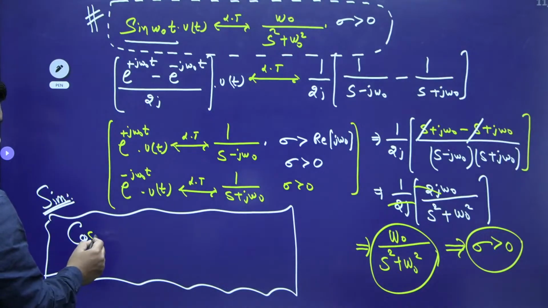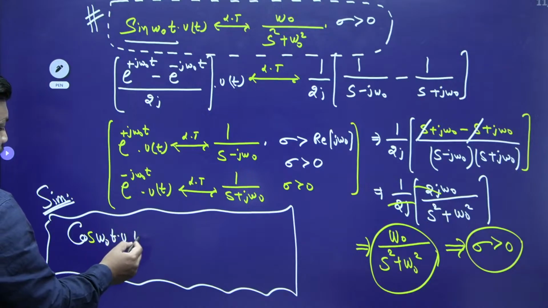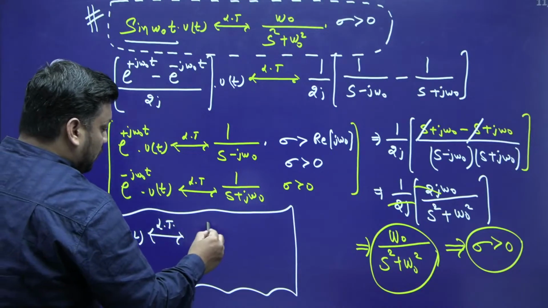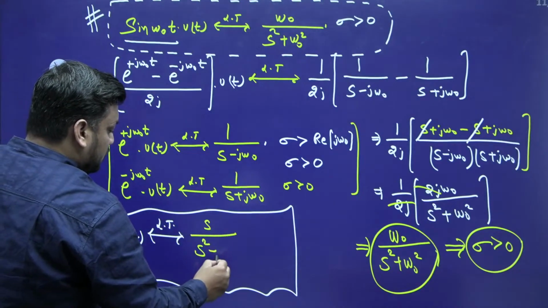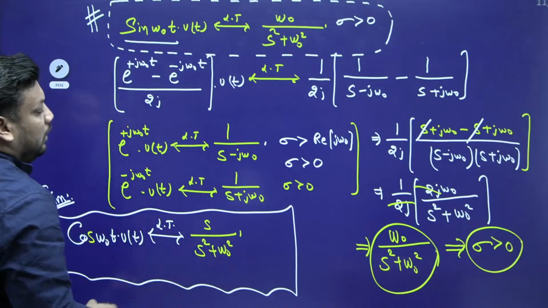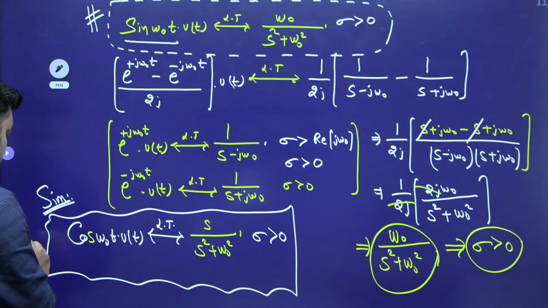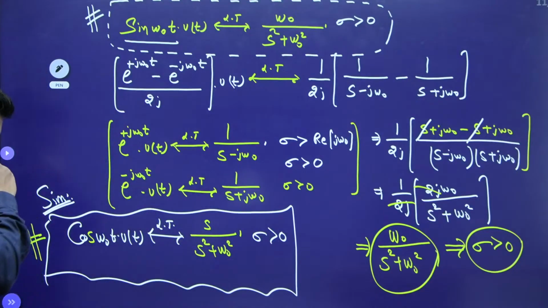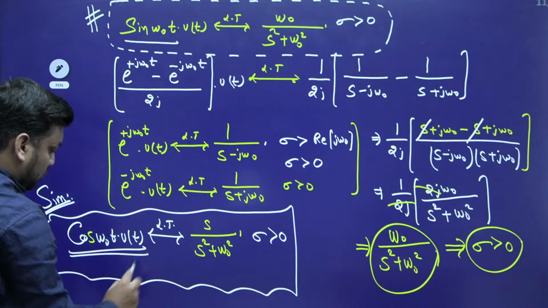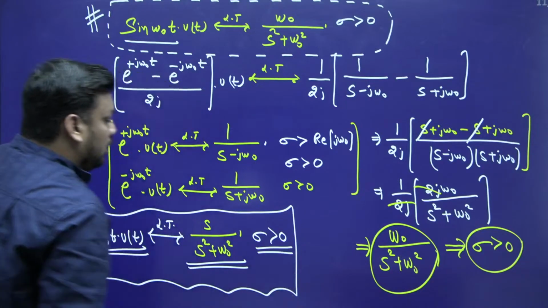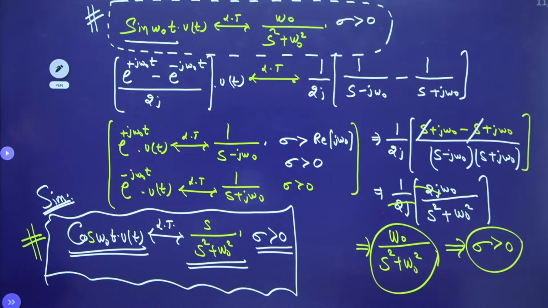For cos omega 0 t into u(t), the Laplace transform is nothing but s upon s square plus omega 0 square, and the ROC is sigma greater than 0. Is this clear, children? Is it crystal clear, dear children? Just reply fast. Sigma greater than 0, yes.